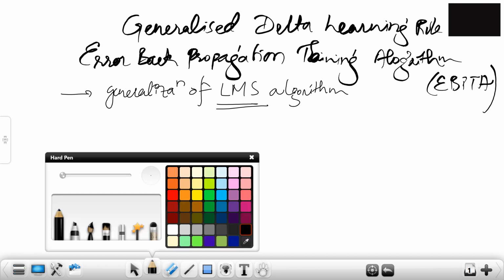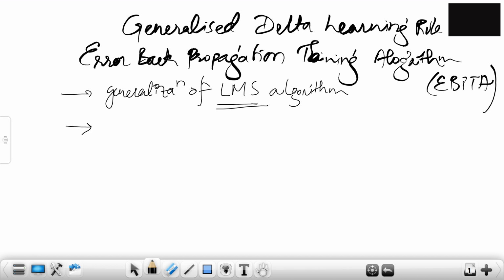Now the second point is it assumes a feed-forward neural network architecture with L layers. FF stands for feed-forward.